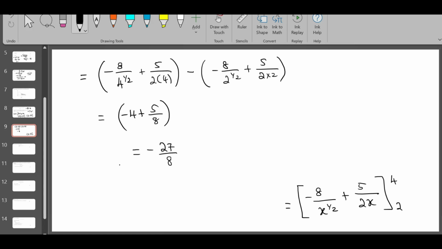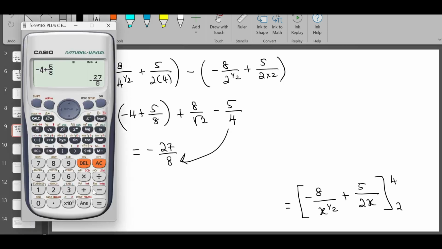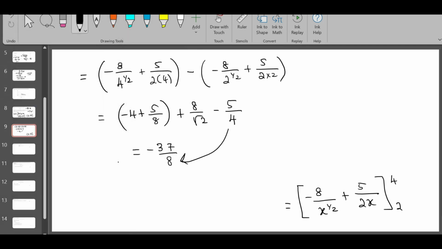And then negative times negative, positive 8 over root 2 minus 5 over 4. So I can simplify 5 over 4 with this actually. Minus 27 over 8 minus 5 over 4 is minus 37 over 8, plus 8 root 2.